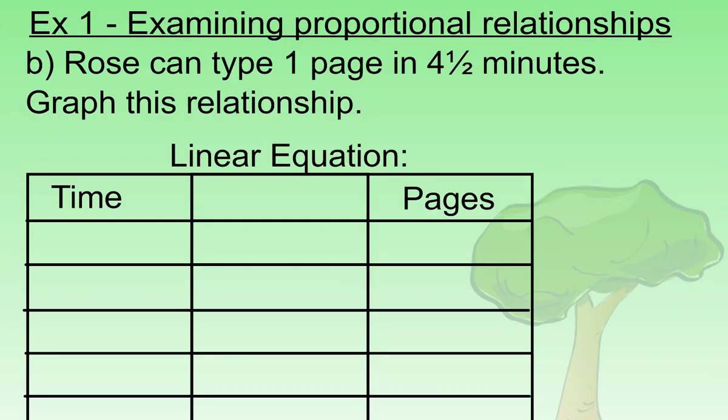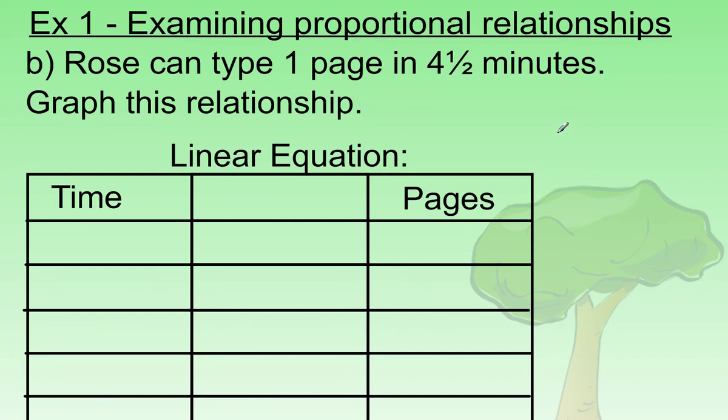Example B. Same idea. It says Rose can type 1 page in 4.5 minutes. Graph this relationship. Now, I didn't give as many steps this time, taking some of the supports away. So what we did before is we came up with an equation that modeled the situation. That allowed us to plug some numbers in. So we need to come up with an equation.